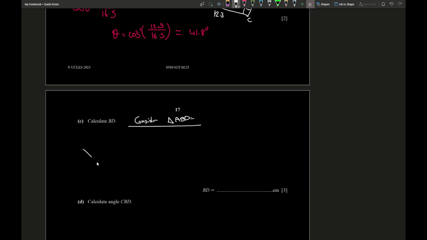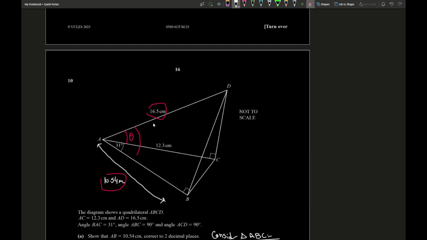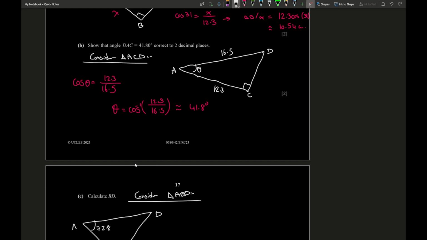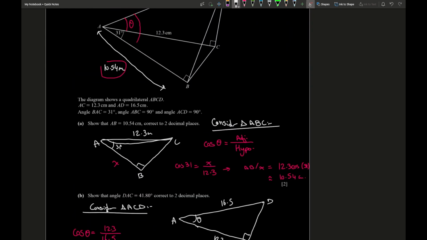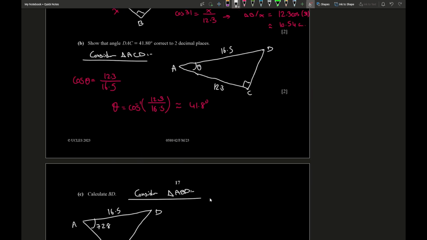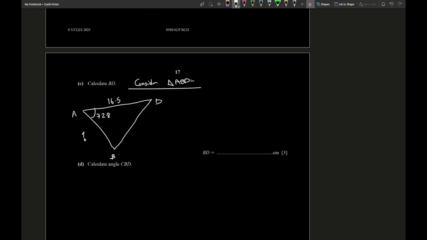So ABD looks like this, and the angle is equal to 31 plus 41.8, which is 72.8. AD is equal to 16.5, and AB we already got in part A, which is equal to 10.54.